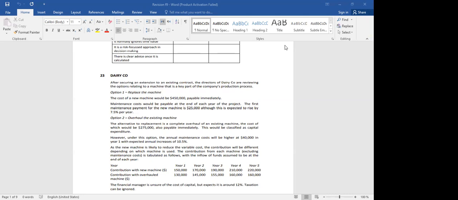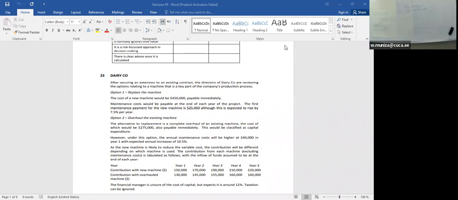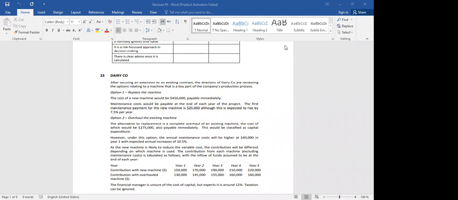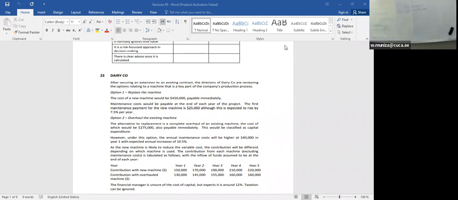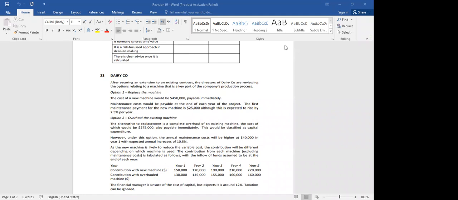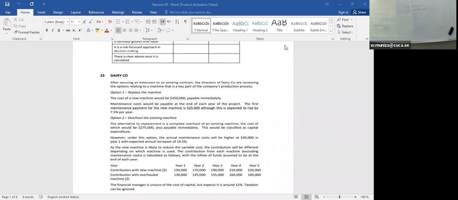Miss, they didn't give the cost of capital for option 1. How do we find it? No, they must have given. Oh wait, miss, is it 12%? I thought that was for the second option only. No, no, no. Yes, in the last they have given. The financial manager is unsure of the cost of capital, but expects it around 12%.